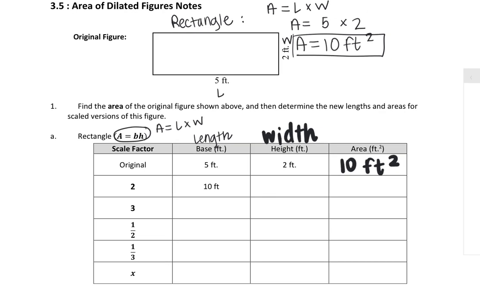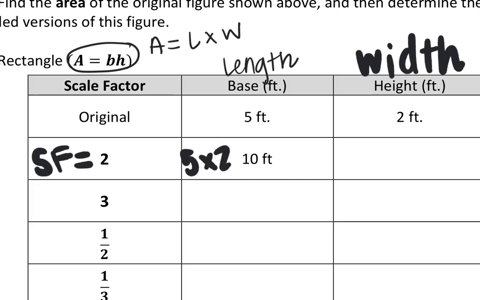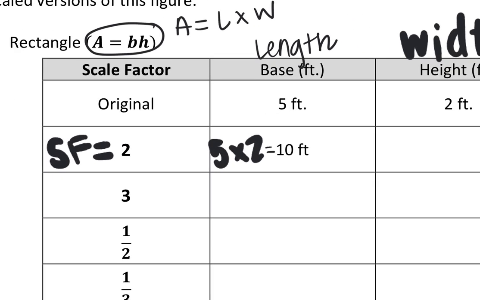Okay, so what if I have a scale factor, SF, of 2? Well, if the scale factor is 2, it means my rectangle is getting bigger, okay? So it means that my sides are going to double because my scale factor is doubling everything. So it says, well, the base or the length for a scale factor of 2 is 10 feet. Why? Because I'm doing 5 times 2, and that's how I'm getting that 10.